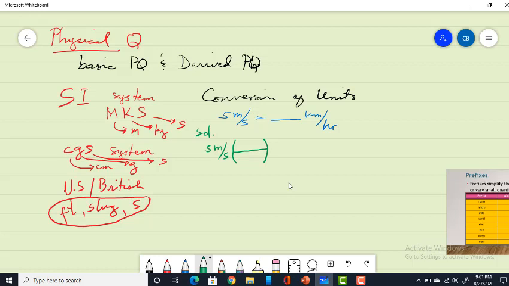For example, meter to kilometer, mile to kilometer, vice versa, how many liters in a centimeter cube. These are common conversion factors.